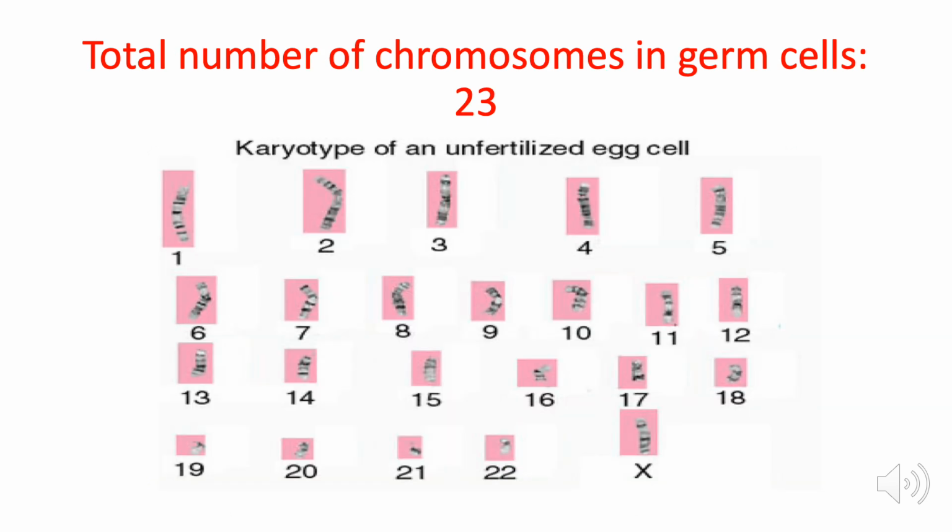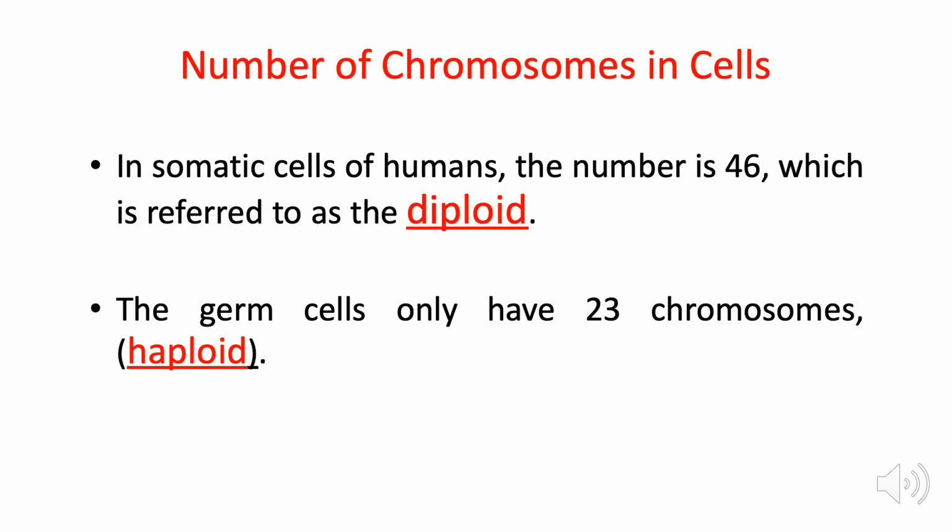In germ cells, such as the egg and the sperm cells, they only have half of the total number of chromosomes of somatic cells. That's why for every chromosome number there, you only have one chromosome. So let's have the following terms: diploid and haploid. Somatic cells have 46 chromosomes.